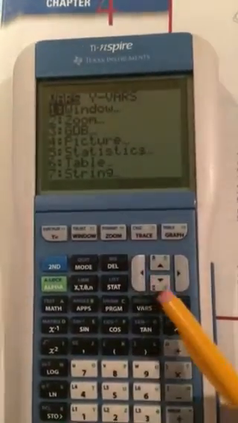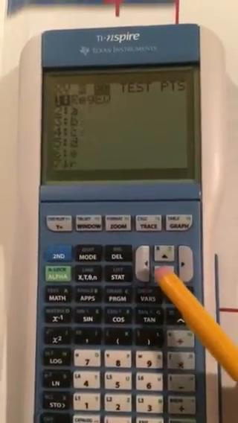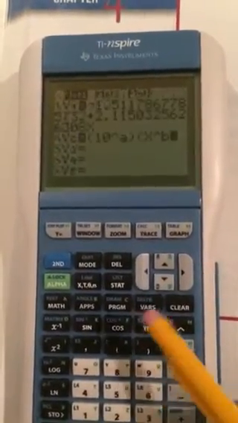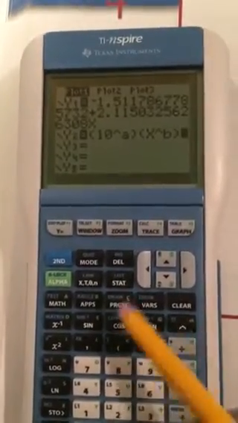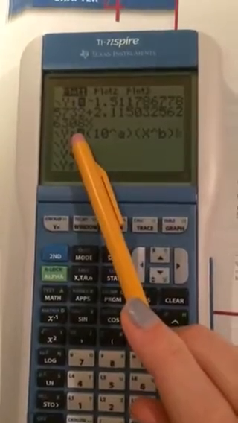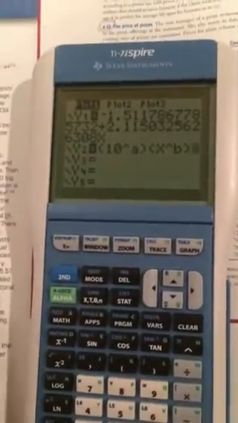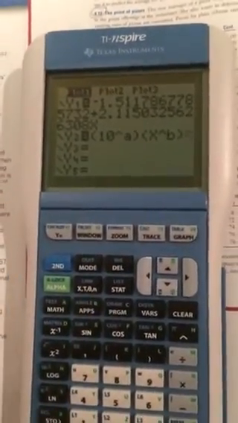But anyways, vars, statistics, equation and B. And that is our back transformation. So we've stored this in our y sub 2 screen, okay? And then that formula, written out, our back transformation, inverse transformation, would look like so, okay?